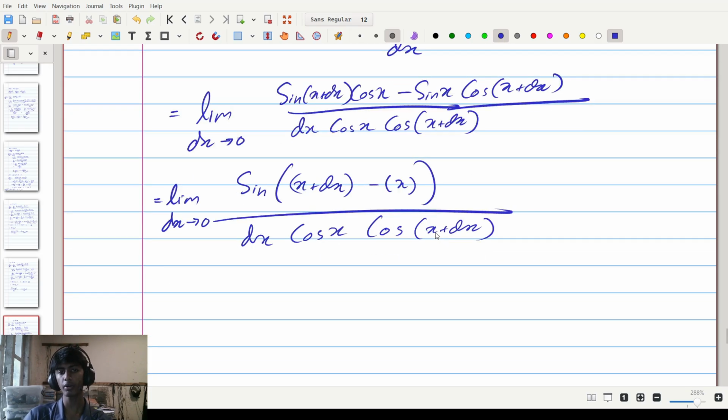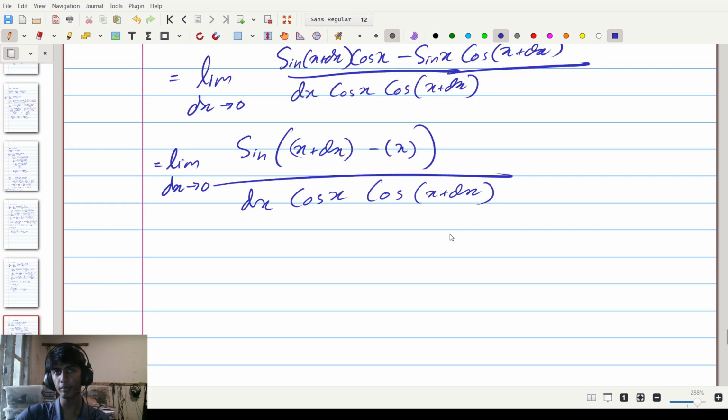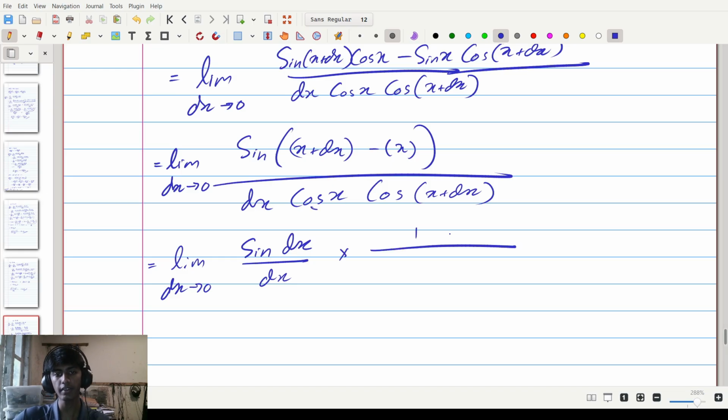Now what we're going to do is simplify the top, and we'll see the top is the sine of x plus dx minus x, which is the sine of dx. So writing that down, we have the limit as dx approaches 0 of the sine of dx, then I'm going to strategically put this dx down here, times 1 divided by the cosine of x times the cosine of x plus dx.